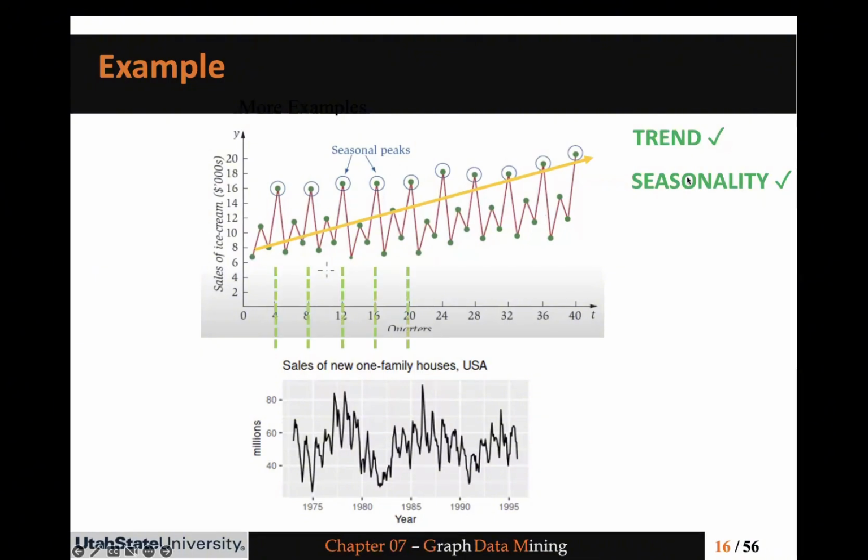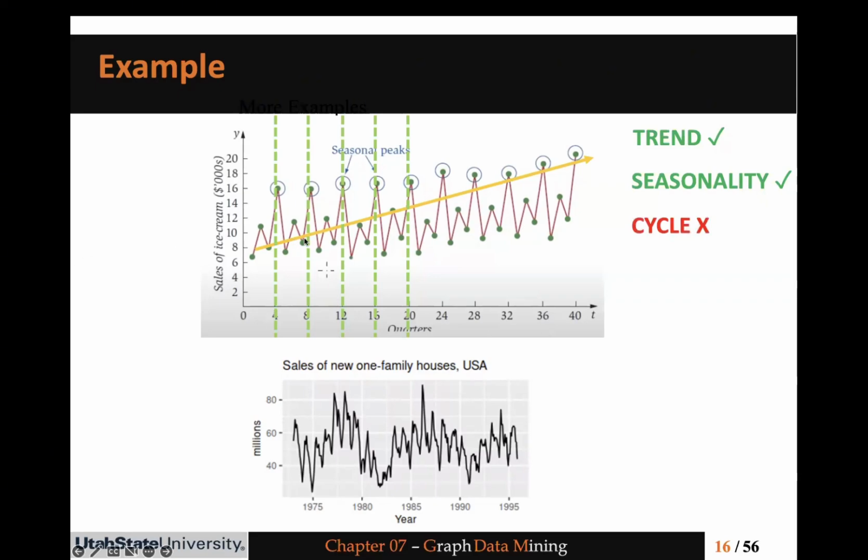Seasonality is also happening because every beginning of the quarter, we have a peak going on, right? The seasonal component is definitely a repeated pattern, and every quarter is our unit here. We don't talk about any cyclicity, and of course here we're talking only about a few quarters and probably a few years.